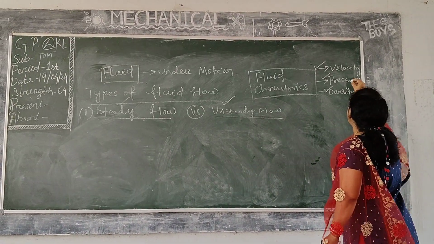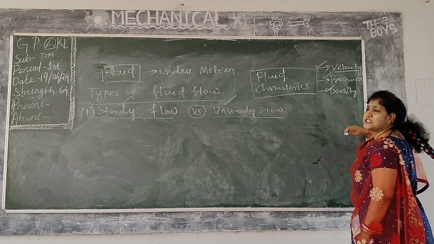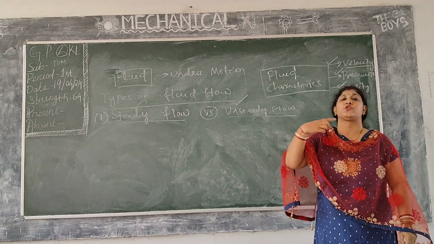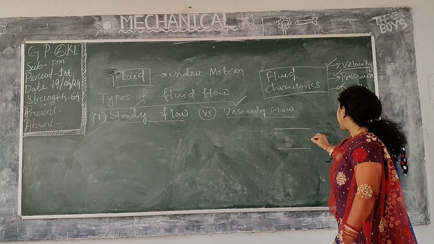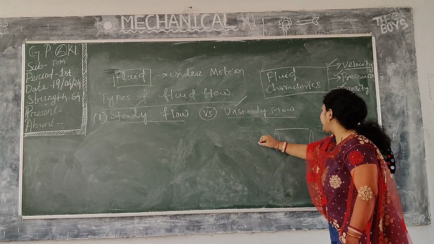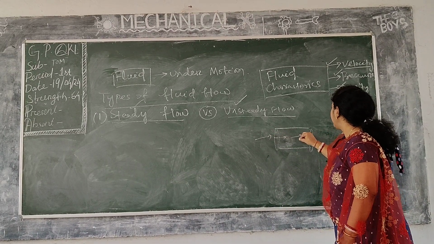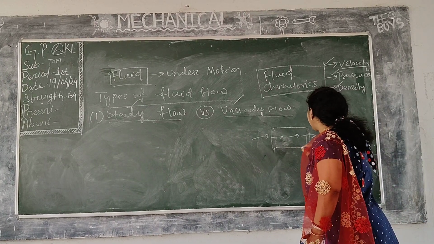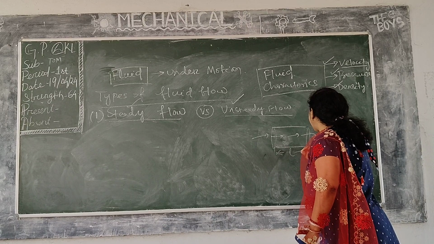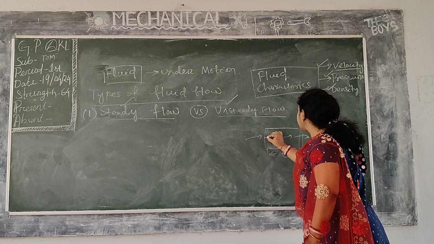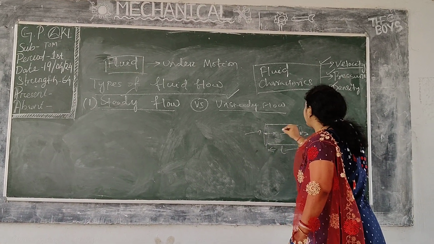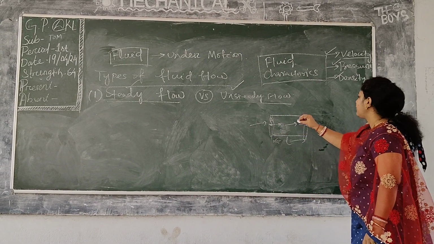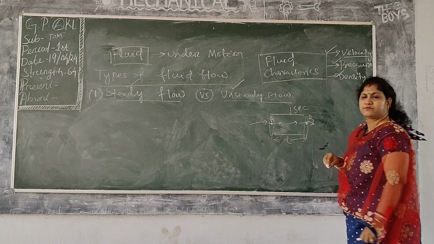Okay, so velocity means the speed with which the fluid flows with respect to time. If this is a pipe inside which our fluid flows, and this is of length L, from point A to point B, the fluid covers it in 1 second.